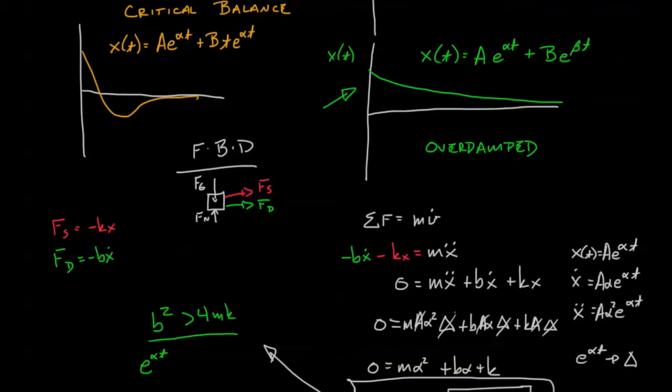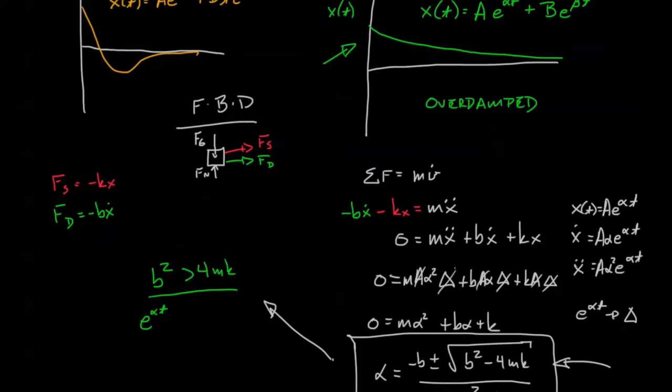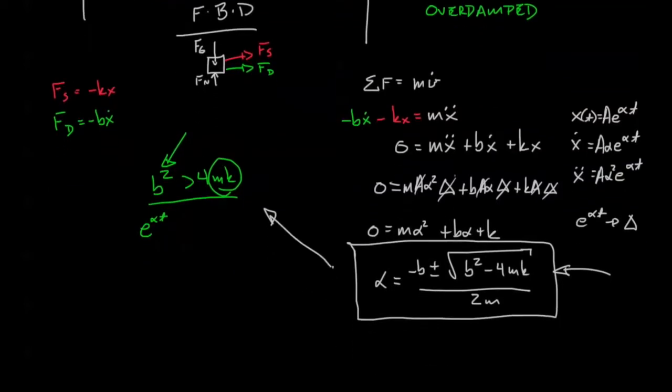Overdamped is where the damping is really significant. The damping term is bigger than some combination of the mass and the spring. We can't quite intuit our way there, but it does make sense at a very basic level. We have a real exponent, the b squared term is really high, and we expect basically exponential behavior.